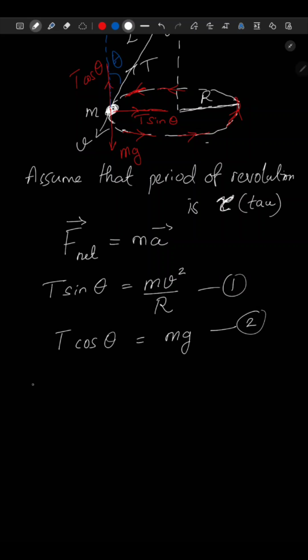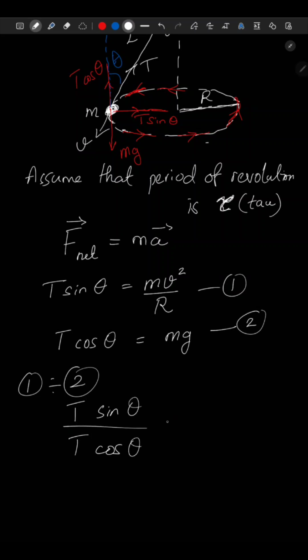So we can divide the first equation by the second equation. So this will be T sine theta divided by T cosine theta, which is equal to mv squared divided by r, divided by mg. And therefore, the tension cancels out.